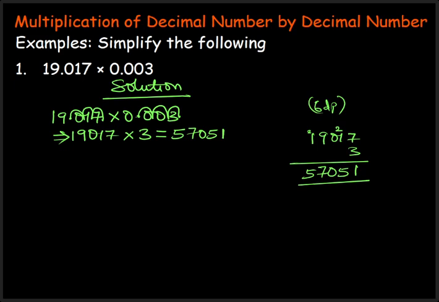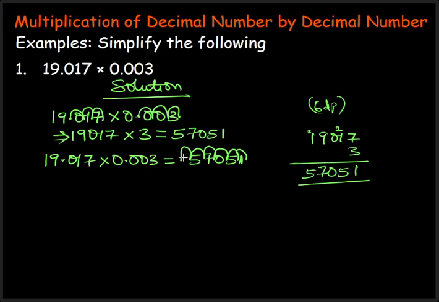So if we are looking at the decimal, which was 19.017 times 0.003, this will be equal to 57051. Now how many places did we shift? We shifted 6 places, and that will give us, let's return 1, 2, 3, 4, 5, 6.